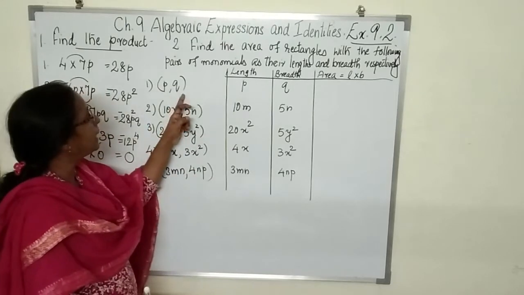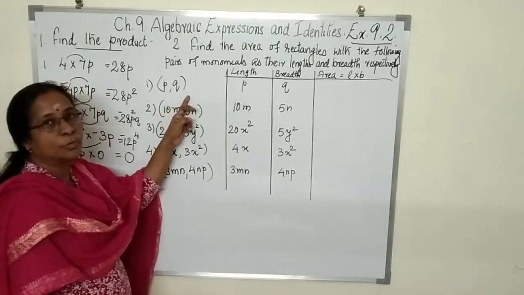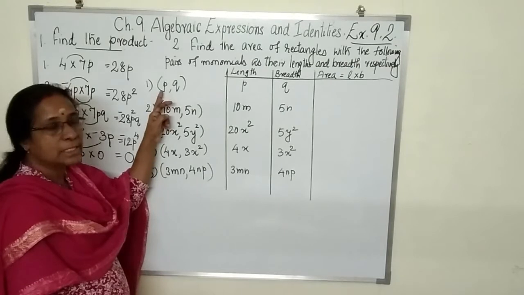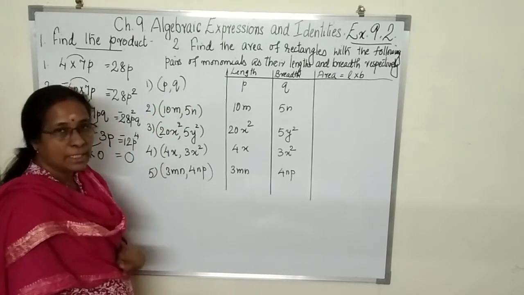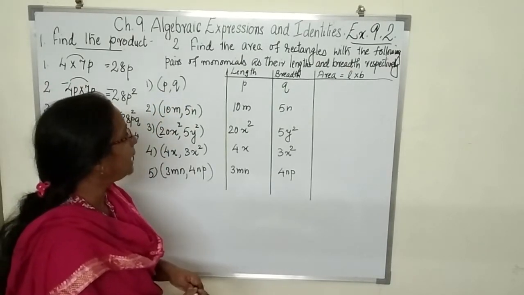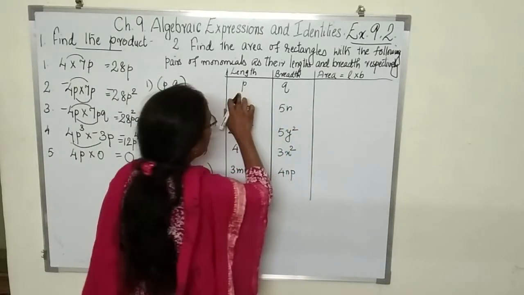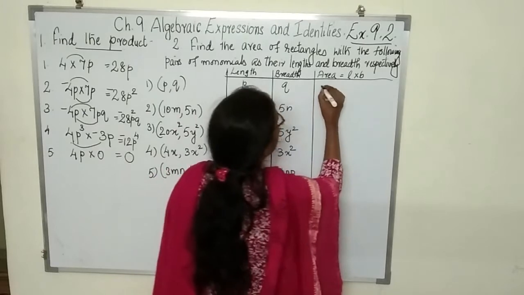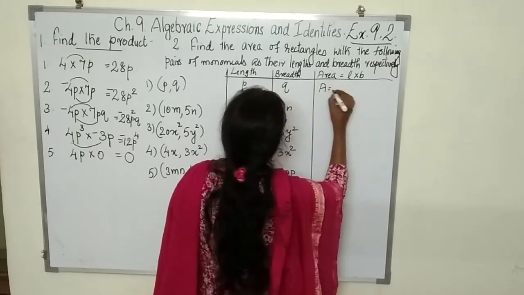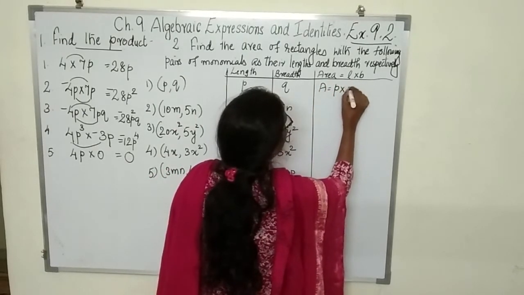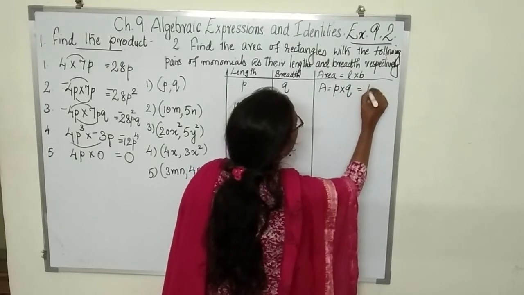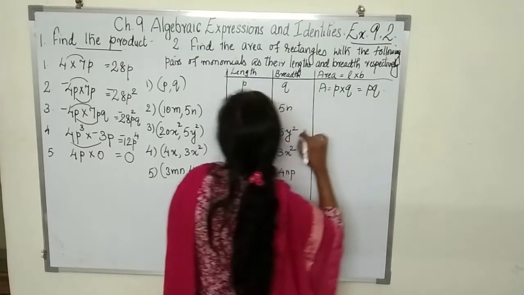You see the first pair is p and q. The first one is the length and the second one is the breadth. So how to find the area? Length is p, breadth is q. So area is equal to p multiplied by q, which is equal to pq.